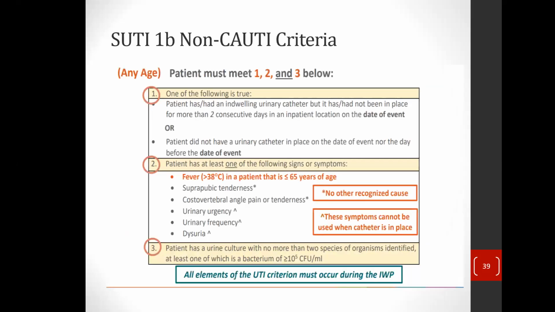Okay, and I'll just mention the non-catheter associated criteria because this still should be in your infection control statistics on any infection that occurs. And see, the difference is that, you know, it had not been in place and did not have a urinary catheter on the date of event or the day before, the use of the symptoms, and a positive urine.